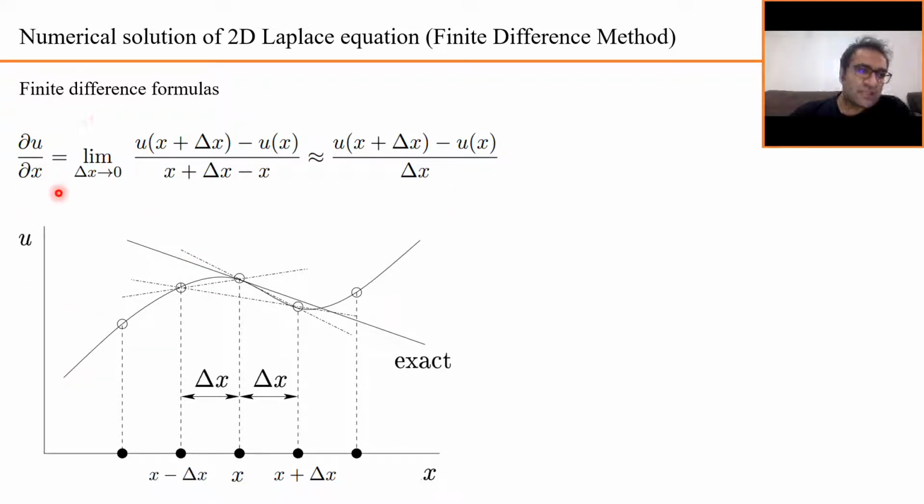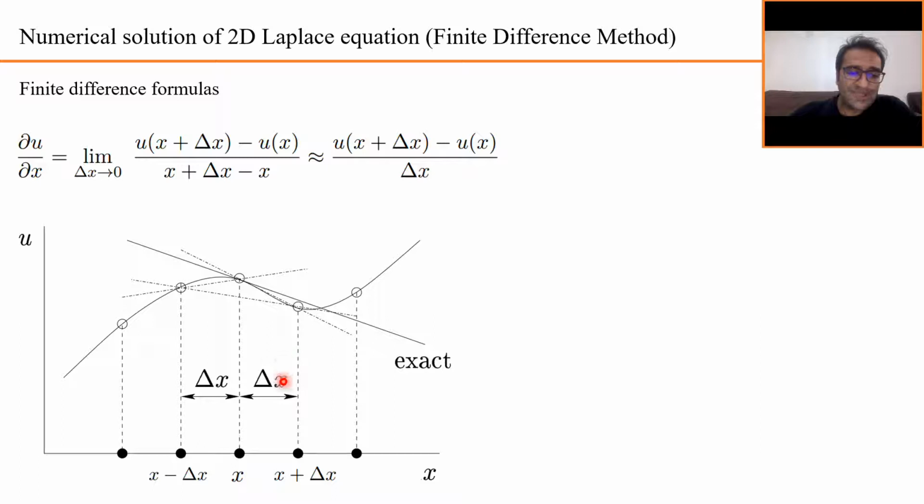The derivative of this function with respect to x is nothing but the limit of the value of the function at point x plus delta x minus the value of the function at the point x, divided by x plus delta x minus x. And if we tend this delta x to 0, we can approximate this by this function: u(x plus delta x) minus u(x), divided by delta x.